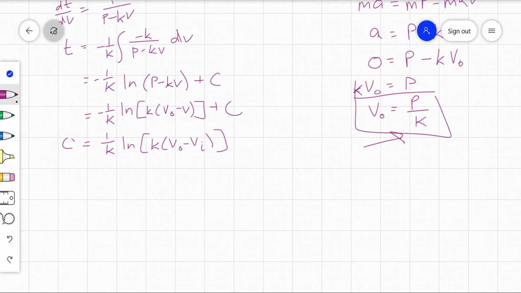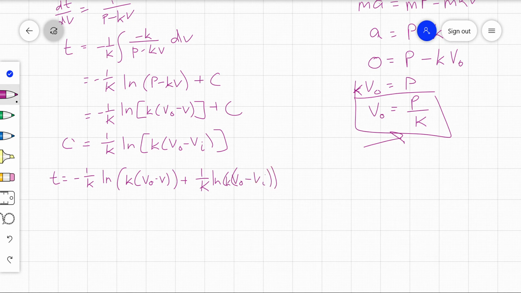So if I put it back in the equation, we've got t equals minus 1 on k log (kv0 minus v) plus 1 on k log (kv0 minus vi).